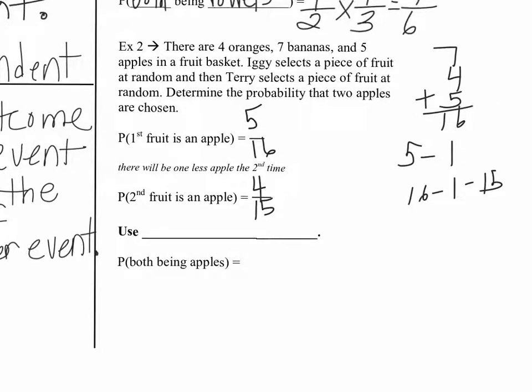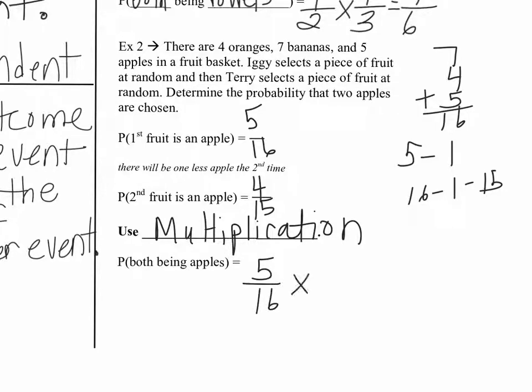You're going to use, that is correct, multiplication to find the probability of both of the fruit being an apple. That would be 5/16 times 4/15. The drawing of the second apple depended on Iggy drawing an apple the first time.